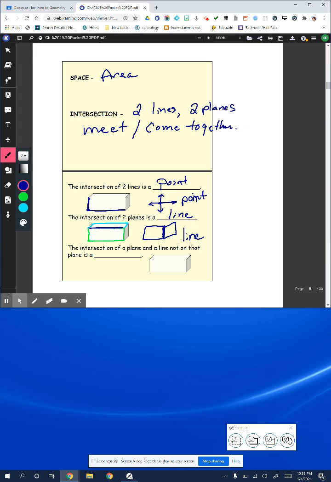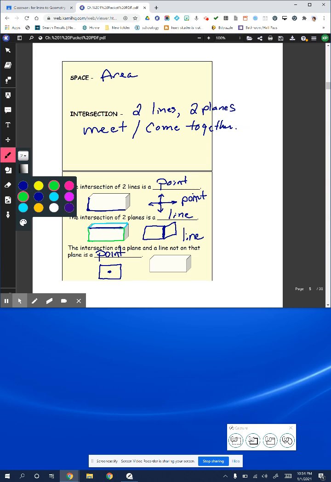And then the last one, the intersection of a plane and a line not on the plane. If I have a plane, like let's say a piece of paper, and I stick my pencil down through it, right through the center, it's going to go right through and make a hole, and that hole is a point. Same thing in a 3D picture.